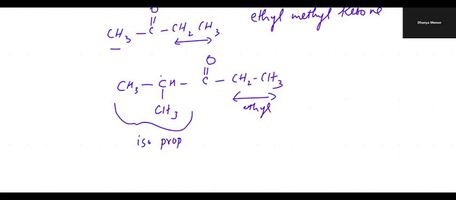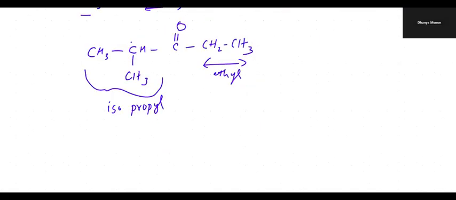So what would be the name? Ethyl isopropyl ketone. I hope I'm clear. So whenever the connection is from the second carbon atom, definitely you will give iso.